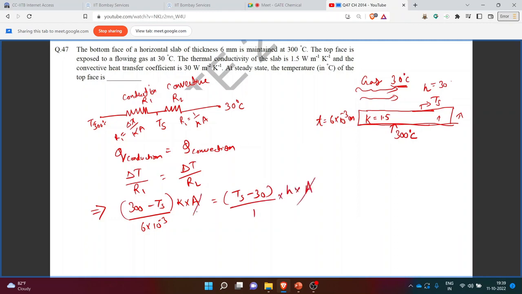This area will get cancelled out and we can replace the value of K as 1.5. So this will become 1.5 into 10 raised to 3 upon 6 into 300 minus Ts is equal to Ts minus 30 into the value of H, which we have been given as 30.